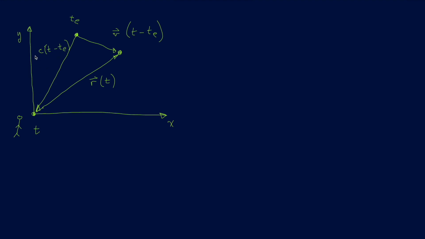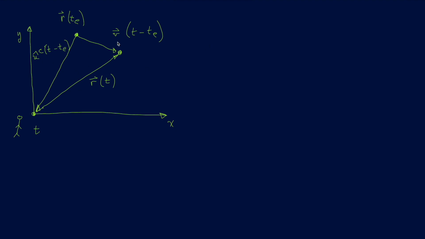Well, we don't know the direction, so we're just going to encapsulate our lack of knowledge in the unit vector u hat. Okay? So that's the situation. We have the source, which at time te was here, so I'm going to call this r, the position vector r at te. And source moves eventually to r at t, and while it does so, the light ray proceeds to the origin where the observer is located. Okay? So that's the situation.